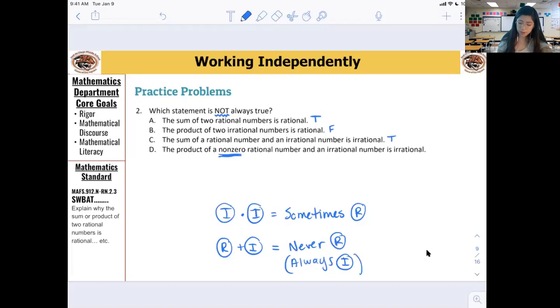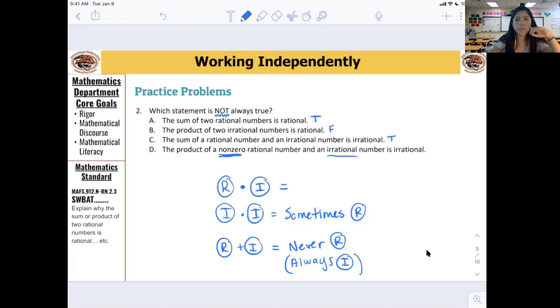But the product of a non-zero rational number, so rational times irrational, what's this one? Rational times irrational. Anybody?